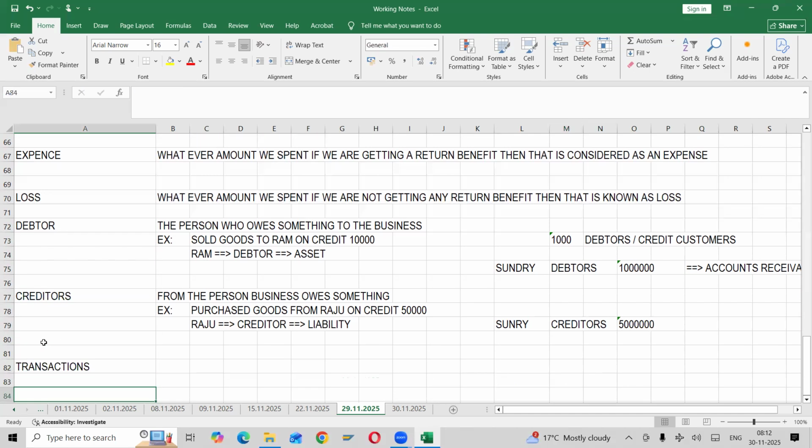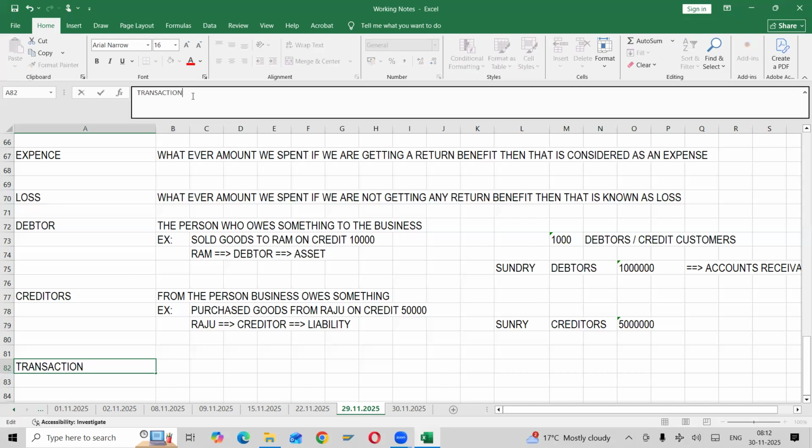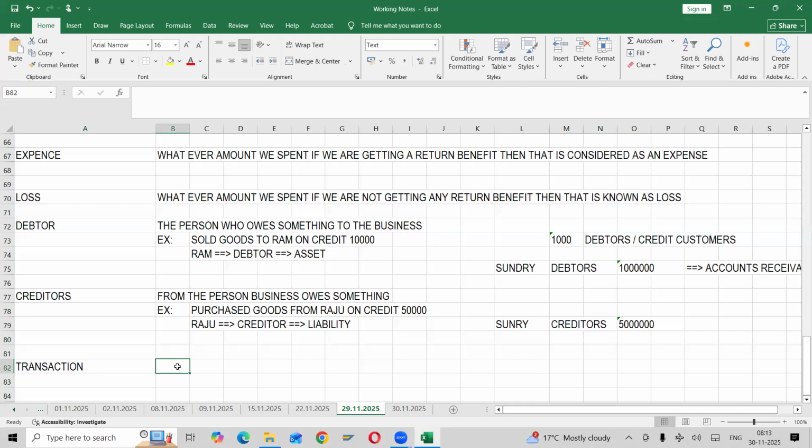So what do you mean by a transaction? Transaction is nothing but the happening of an event. Event in the sense, whatever happens in general.